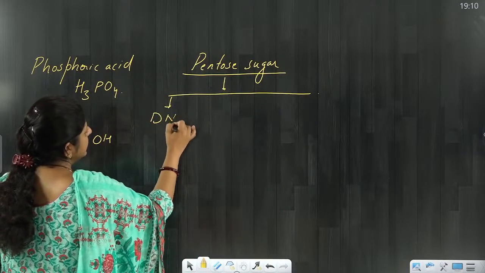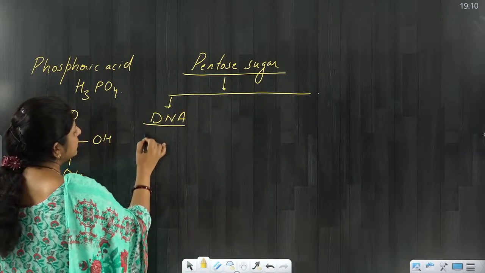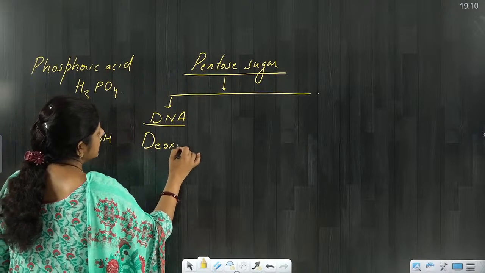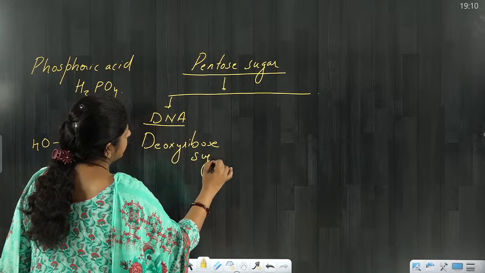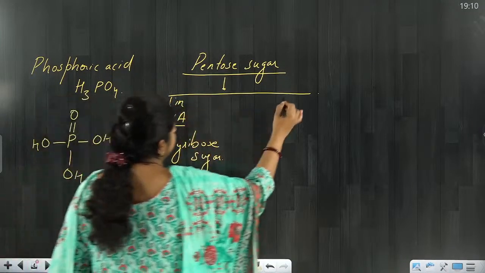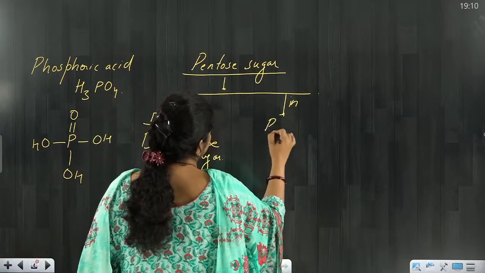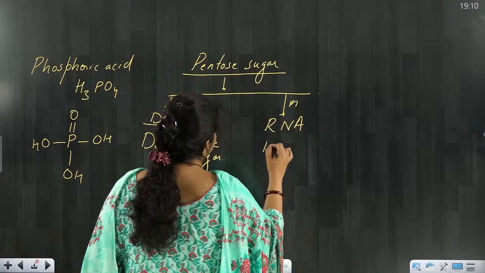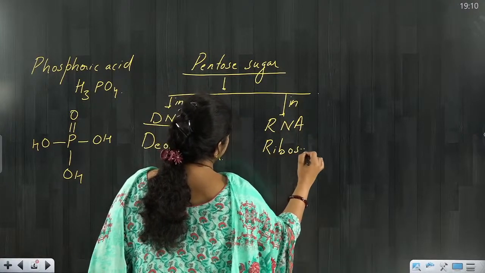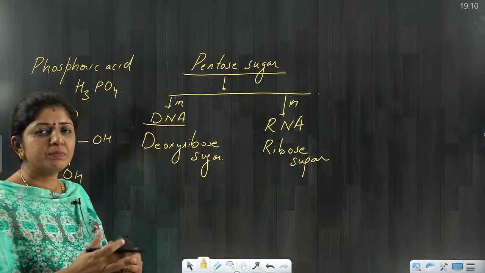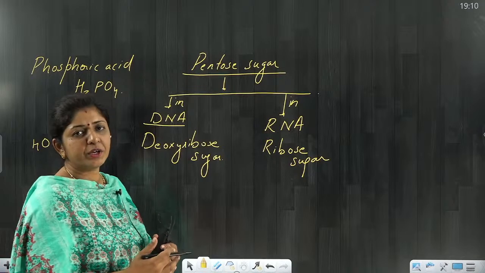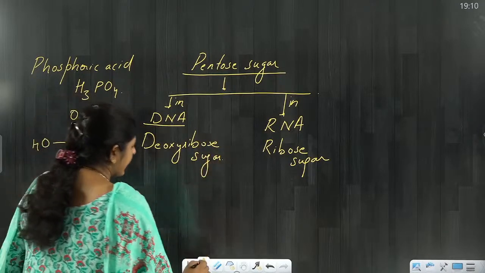If I am taking DNA and RNA, which type of pentose sugar is DNA carrying? Deoxyribose sugar is there in DNA, right? Then in RNA, what is that? Ribose sugar. Let's see how it is heterocyclic, how it is pentose, and how the carbons are arranged.